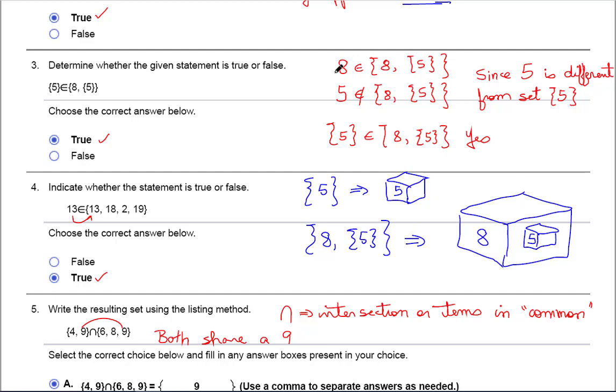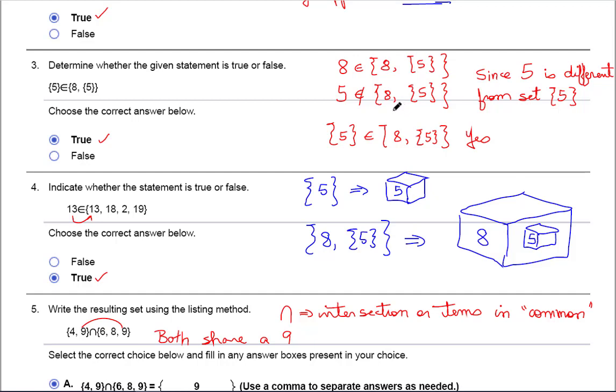So let's look here. Is 8 in the bigger box? Yes, 8 is in the bigger box. Now the distinction here is, what about 5? Is 5 in the bigger box? Well, the answer is no.